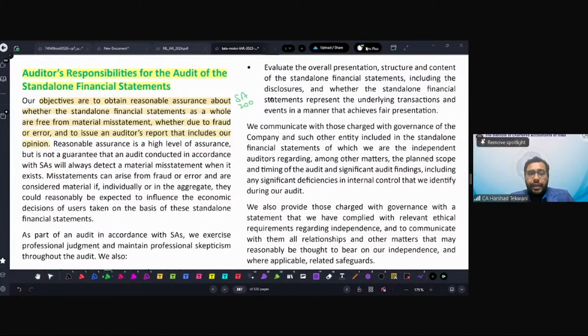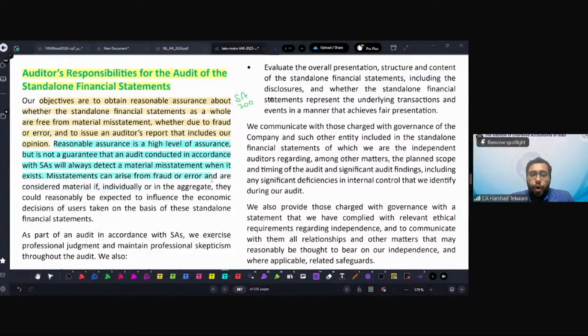Then you have that reasonable assurance is a high level of assurance, but it is not a guarantee that an audit conducted in accordance with SAs will always detect a material misstatement when it exists.